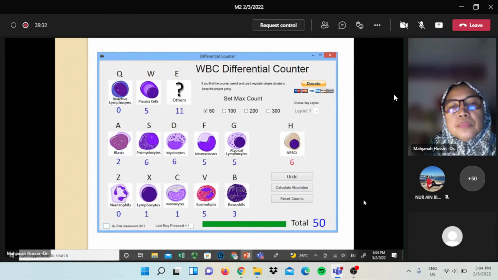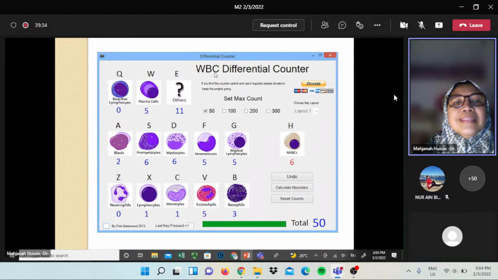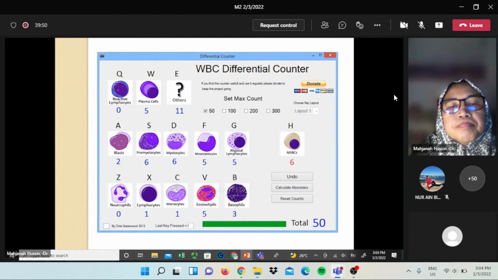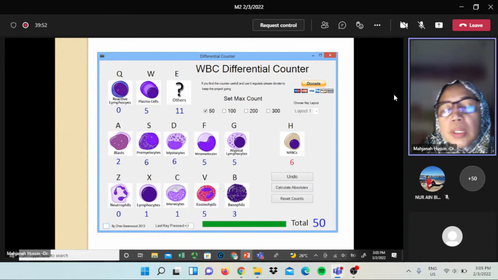Here, this is a differential counter. This is the one that you have in the immunology lab, because in a hospital there are many types of lab: microbiology lab, chemistry lab, physiology lab, immuno lab.